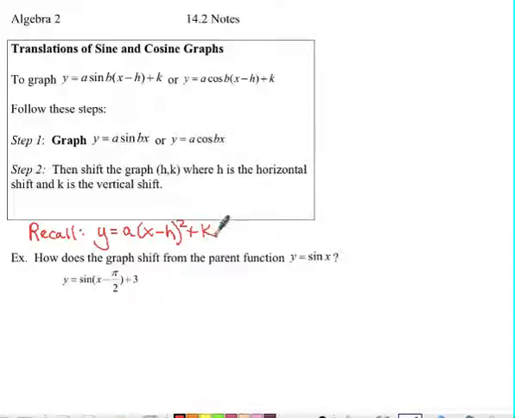If you remember, this was our general form: y equals A times the quantity x minus h squared plus k. So if I gave you y equals 2 times the quantity x minus 1 squared plus 3, how does this graph shift from the parent function, just looking at the equation?